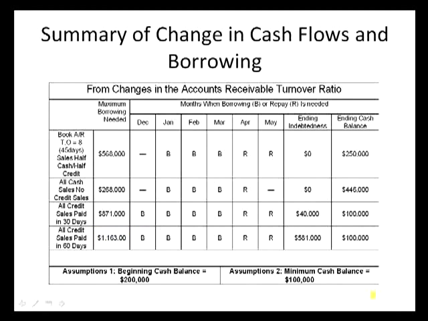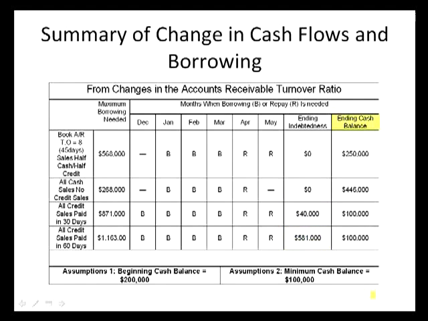You can also see the same impact on ending indebtedness. Our base case in the book with accounts receivable equal 8 and with all cash sales, we get completely out of debt. With 30-day sales, we go to $40,000, and finally when people pay in 60 days, our ending indebtedness, we're still $581,000 in debt.